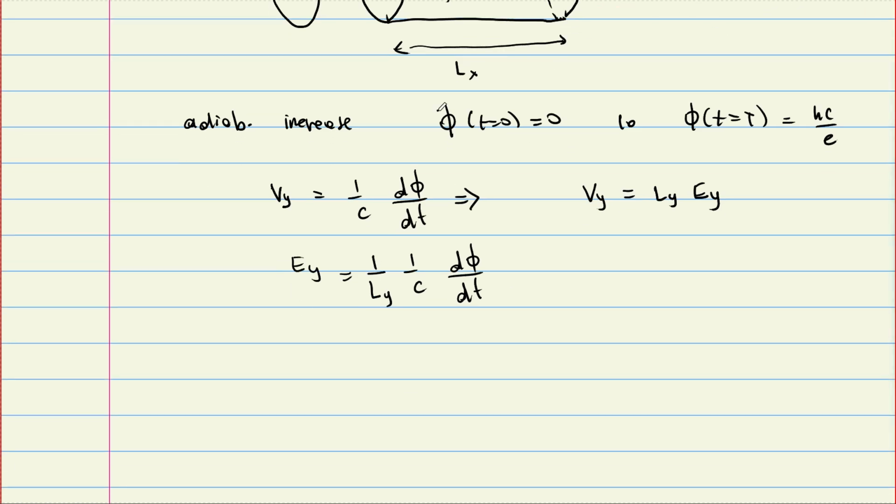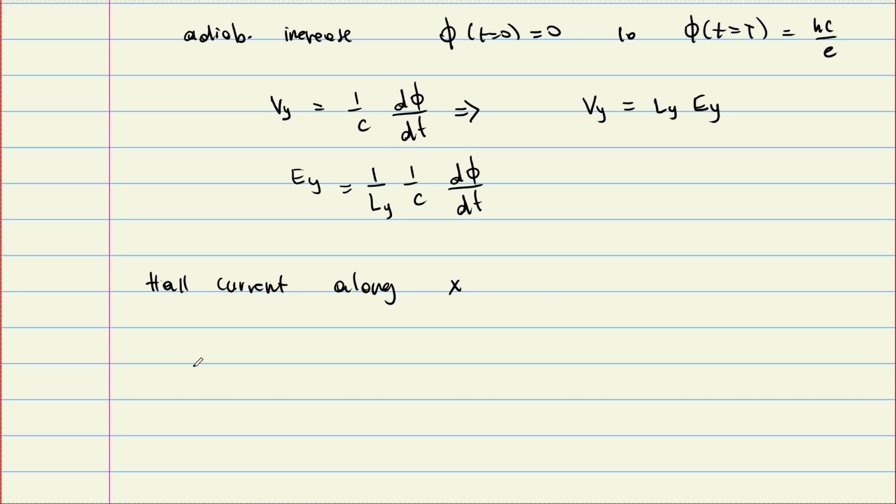For the Hall current along x, let's calculate the charge from this Hall current. What we did was something like that.